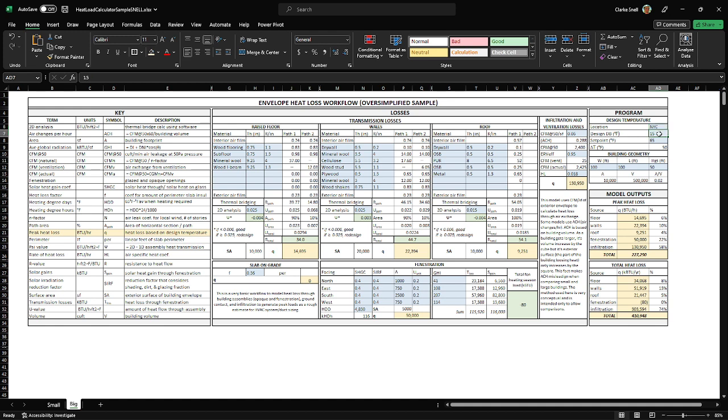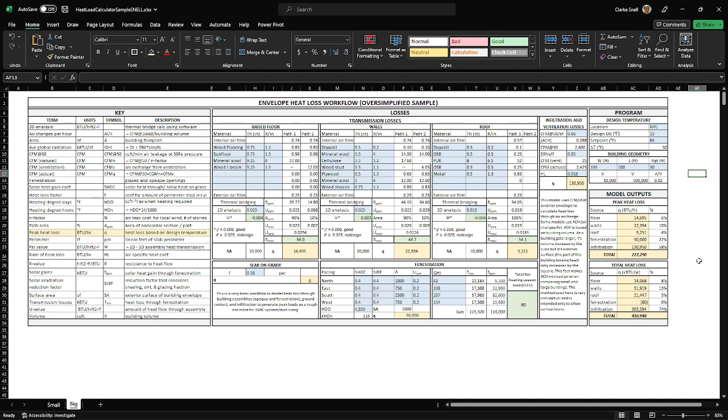I'm just saying that we're designing for 15 degrees Fahrenheit. Anything below that, we're not going to worry about. And then our set point, which means the temperature we want it to be inside, is 65 degrees. So the delta T, which again, here's a little formula, is 65 minus 15, so delta T is 50. So that's going to be the delta T we're using for our heat loss calculations.